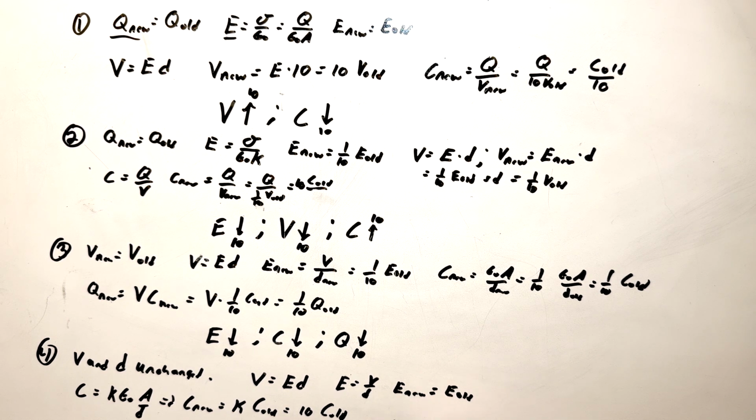And finally, Q, the charge, Q new is equal to the voltage times the capacitance, C new, which is equal to 10 times V C old, which is equal to 10 times Q old. So, to summarize that, the capacitance increases by 10, and the charge also increases by 10.